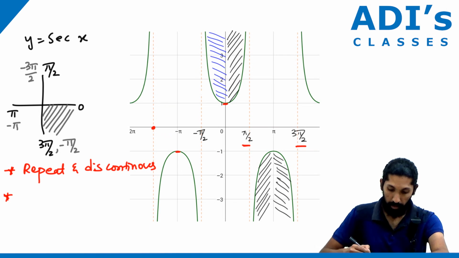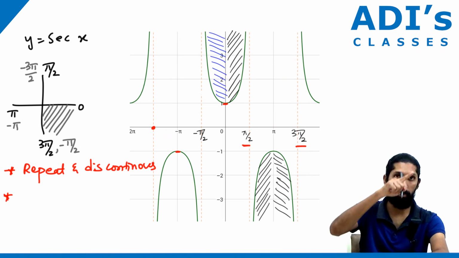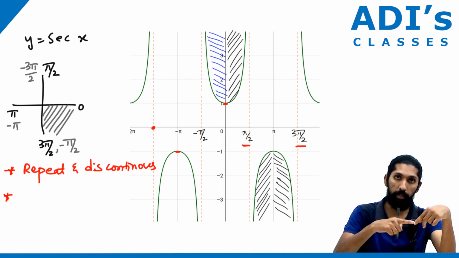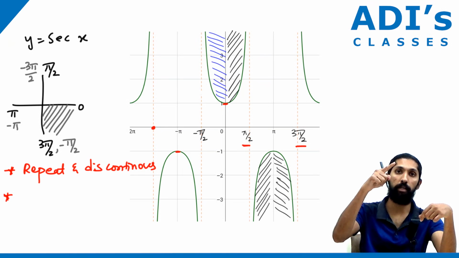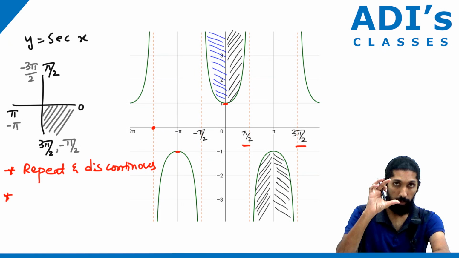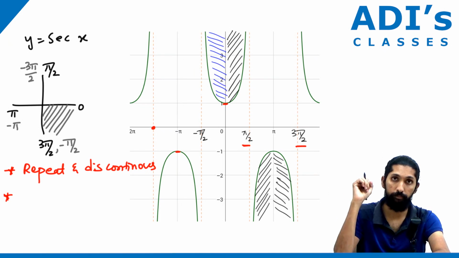So that means between that minus 1 to 1, you don't have any value, correct? Look at the graph. It comes down, reaches 1 and then goes back up. Then from minus infinity it comes up to minus 1, again goes back. From 1 to minus 1 there is no graph whatsoever.